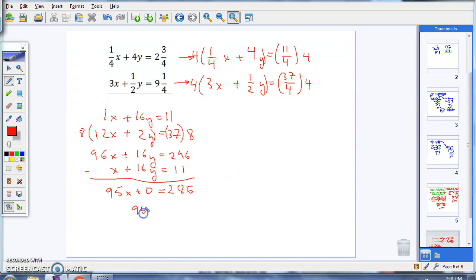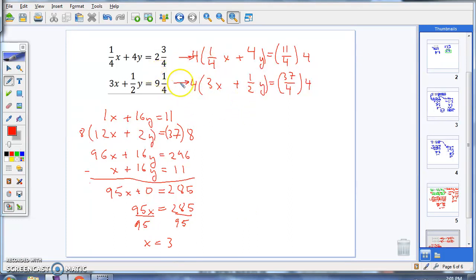So 95x is equal to 285. Wait, look, there's no fractions anywhere to be found until we do this, and we create some fractions, which are really just undone division. x then, surprisingly enough, is 3. What? So let's plug that back into one of our equations.